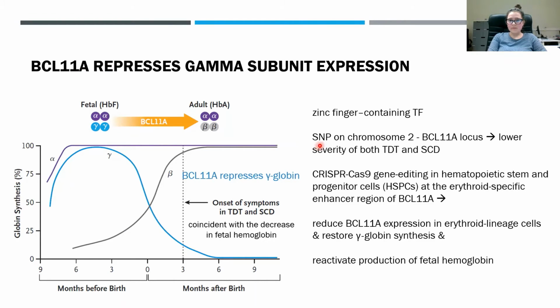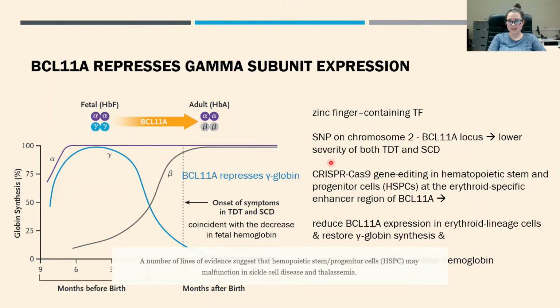So how was this found, how did this idea come that such CRISPR editing of the hemoglobin gene could improve sickle cell disease symptoms? It was found that single nucleotide polymorphisms of chromosome 2 for this locus were correlated with lower severity of both thalassemia and sickle cell disease.